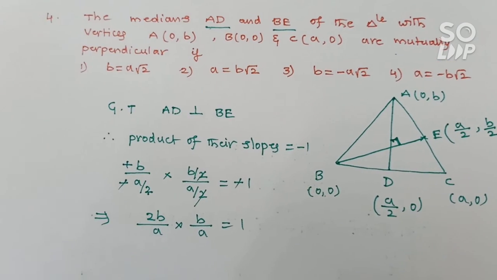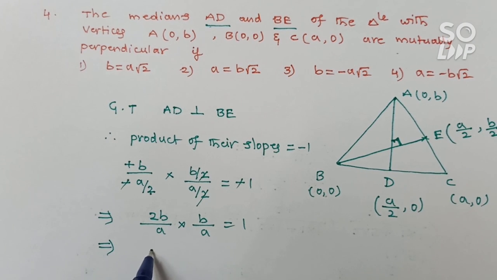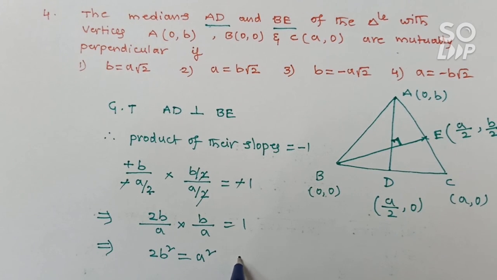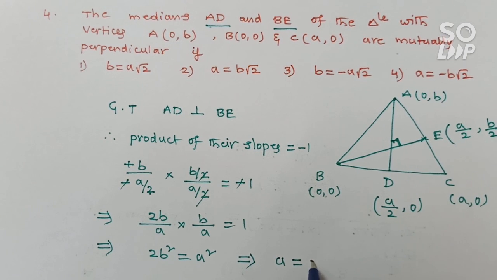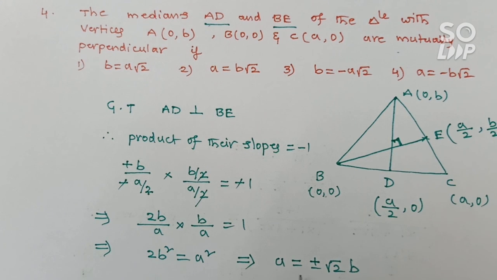Now after that you simplify this value. That implies 2 into b square is equal to a square. From this we can write that a is equal to plus or minus root 2 into b. So you have two conditions: one is a is equal to root 2 into b, and the other is a is equal to minus root 2 into b.